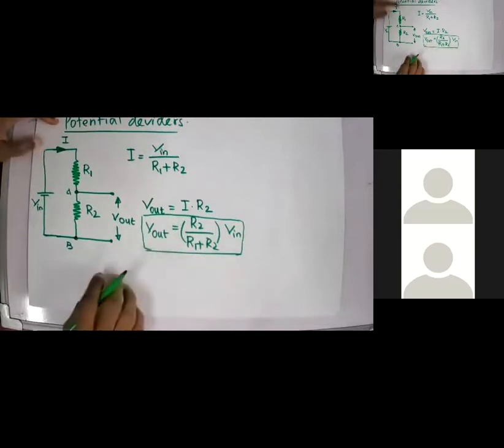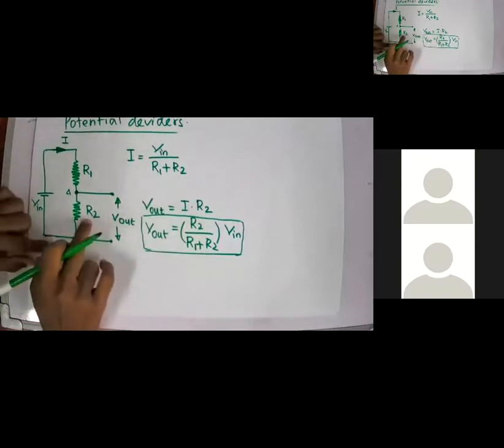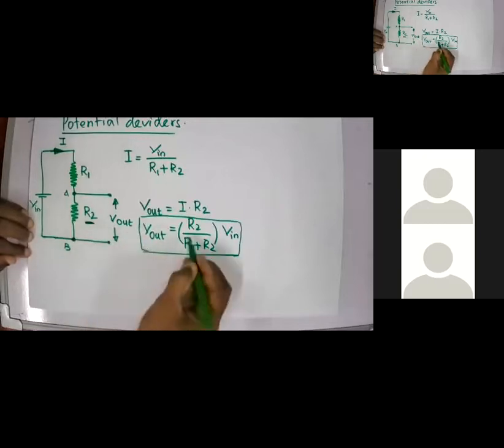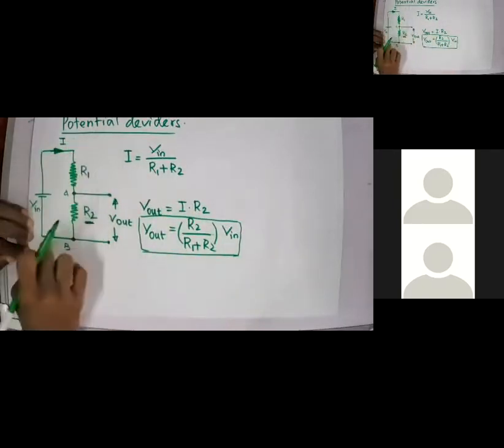So whenever you have a potential divider, the voltage will be R2 divided by R1 plus R2, the summation of those two resistors, times the input voltage.